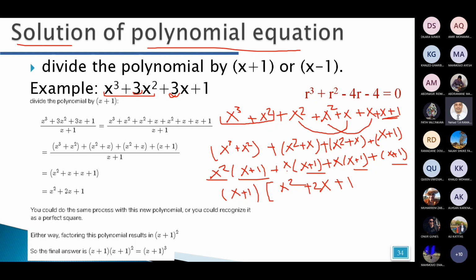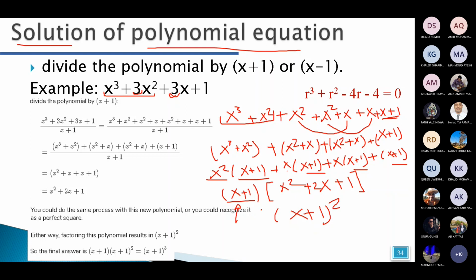Divided by x plus 1, the remainder is 1. Look here, what do we have? We have x plus 1. We can easily solve it. We have here x power 2 plus 2x plus 1. It's a perfect square, by the way, and its solution is x plus 1 power 2, because it's a perfect square.